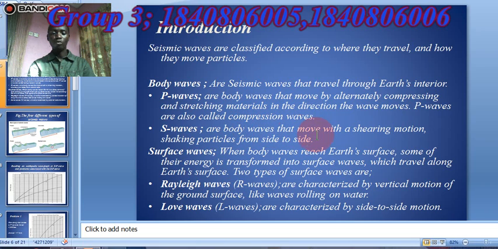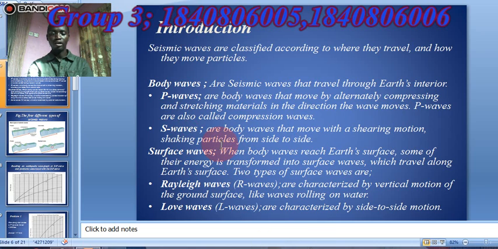They are the body waves that move with a shearing motion, that is, shaking particles from side to side. We can link this with transverse waves, because when transverse waves move, the particle direction is perpendicular to the direction of travel of the wave.